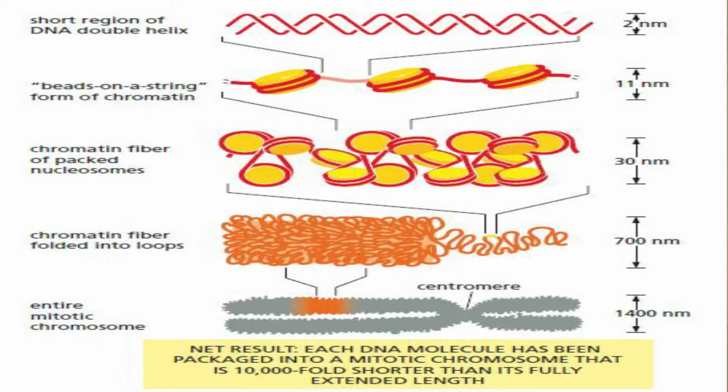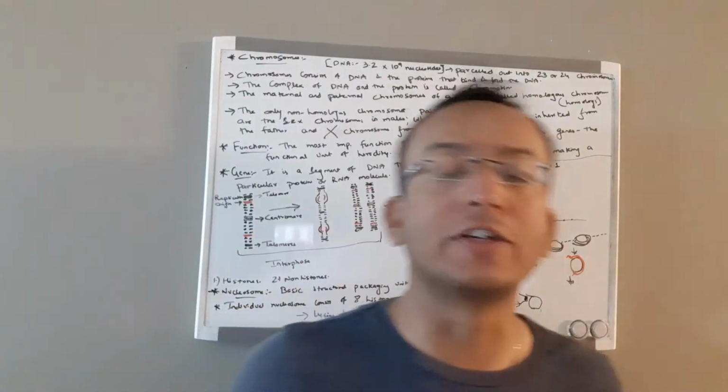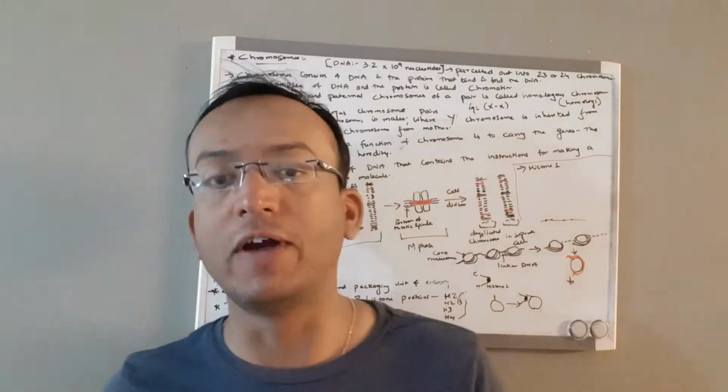So this is the net result: each DNA molecule has been packed into a mitotic chromosome that is 10,000 fold shorter than its usual extended length, right? So this was the structure and how the chromosome is packed very compactly.